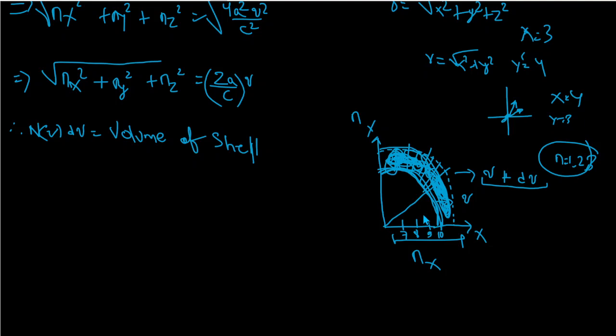Small cubes corresponding to every point on this shell have a volume of 1, so the number of cubes equals the volume of the shell. This is a very important conclusion, that the number of standing waves is equal to the volume of the shell.